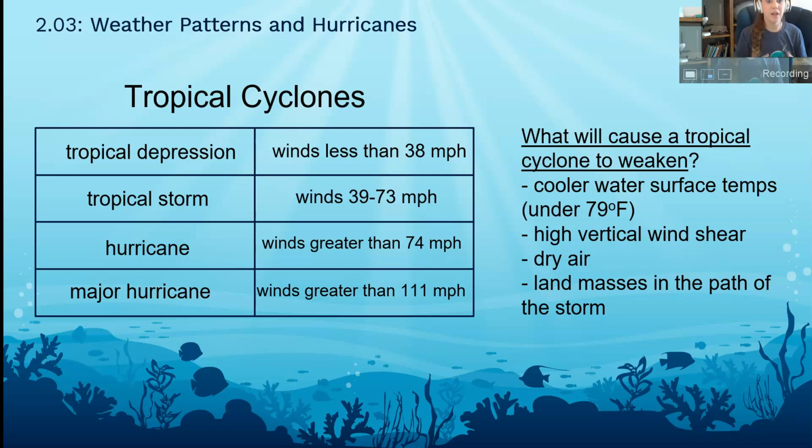For example, ocean surface temperatures would need to start getting colder than 80 degrees for the storm to weaken. Or dry air would need to move in instead of having a moist, humid atmosphere to get the storm to weaken. Or the winds need to shift, or land masses would need to act as barriers to get the storm to weaken.